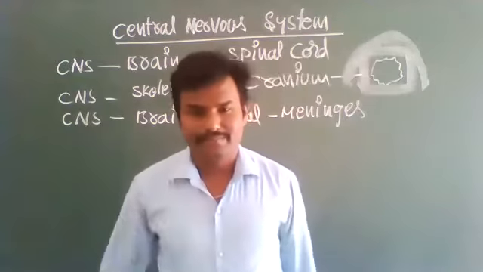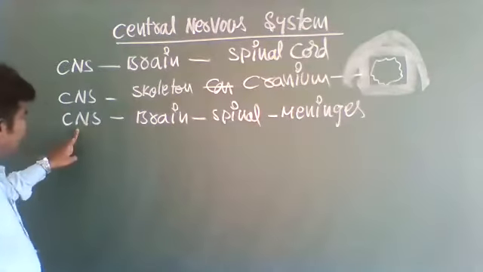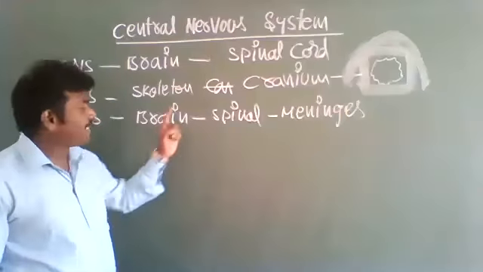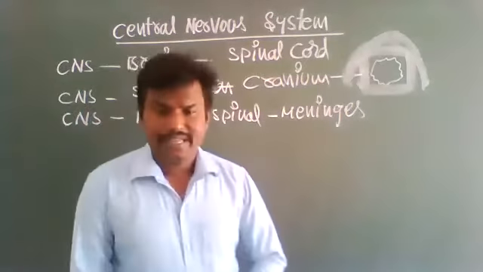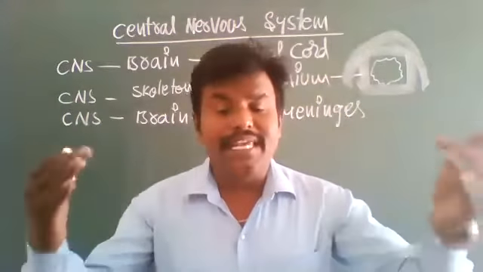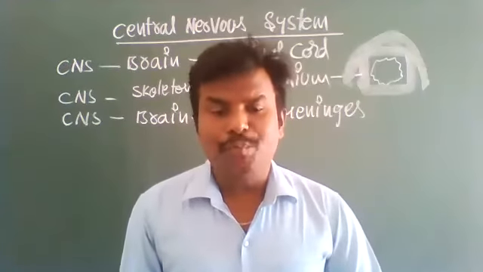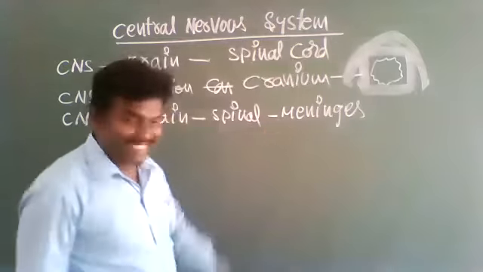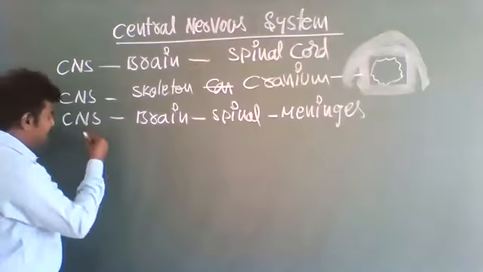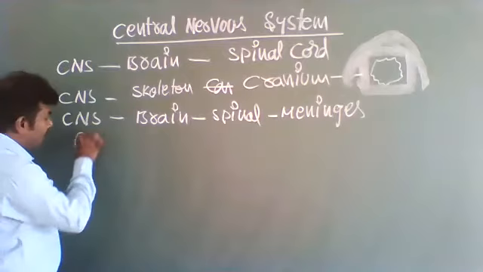Here I said the central nervous system, both brain and spinal cord, is covered by three connective tissue membranes. Those three connective tissue membranes are called meninges. So let us see those meninges now.